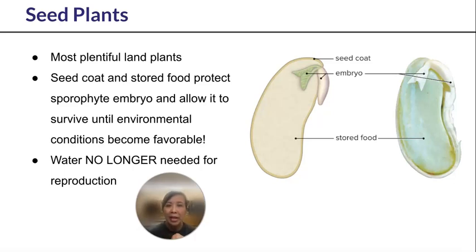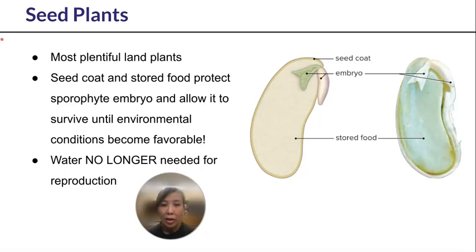Seeds play a strong advantage for plants because not only do seeds protect the sporophyte embryo, but they can also store food and nutrients for the embryo to allow it to basically survive in a wide variety of environments and habitats until environmental conditions become favorable enough that the sporophyte will then develop into a mature sporophyte.